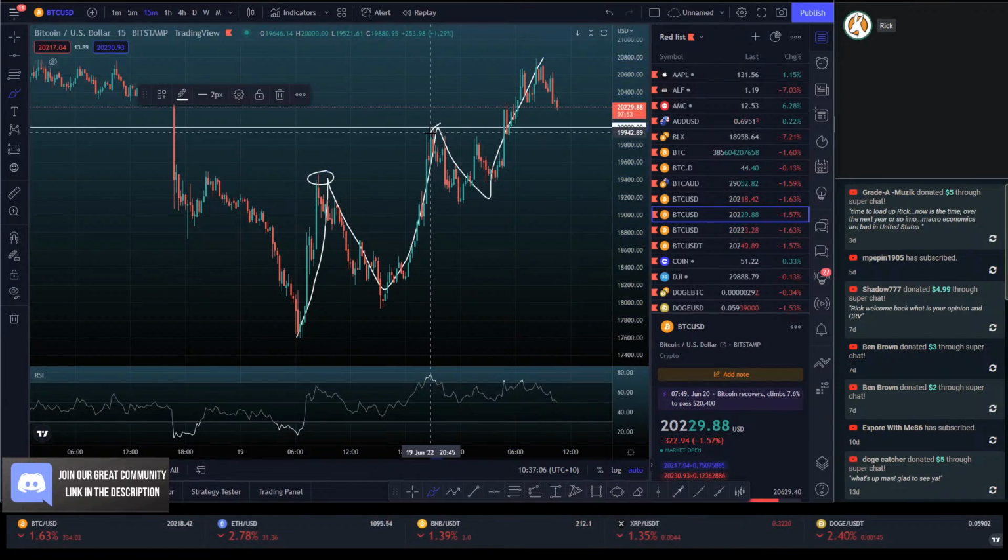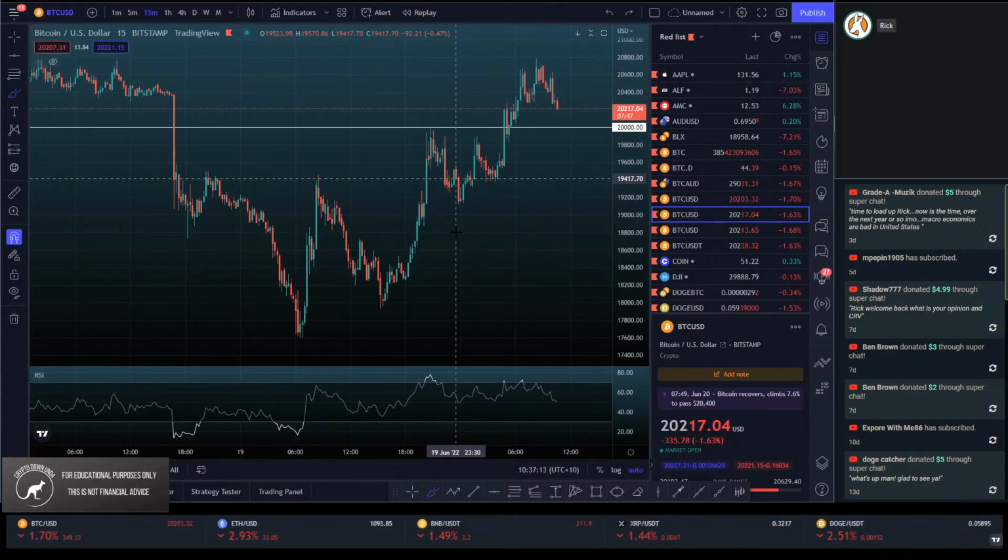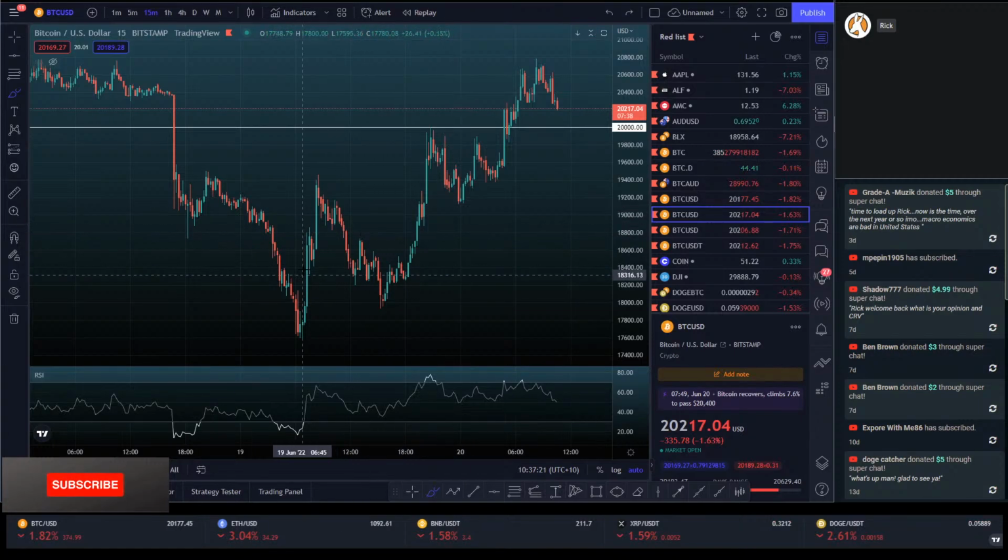So whether this counts as Elliott, I don't know. I'm not really an Elliott wave person, but a lot of people do go by it, swear by it. Yeah, it is nice to see some green candles.